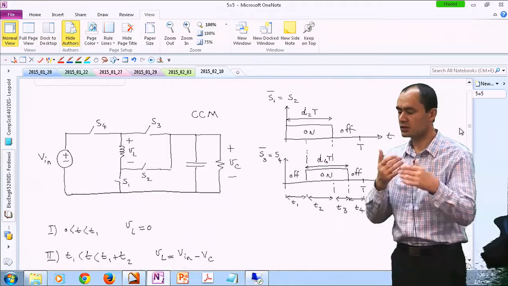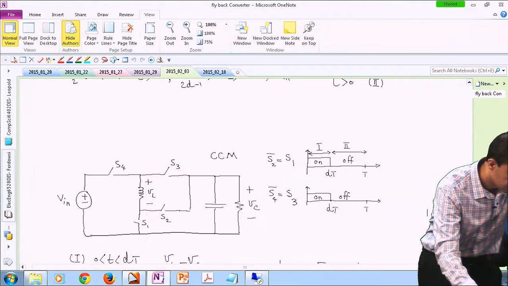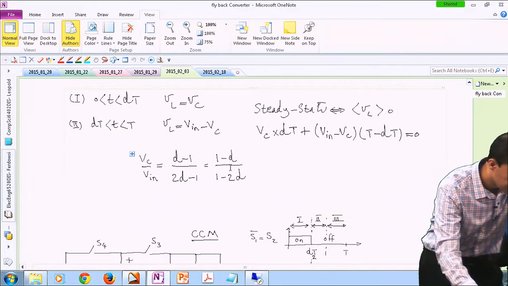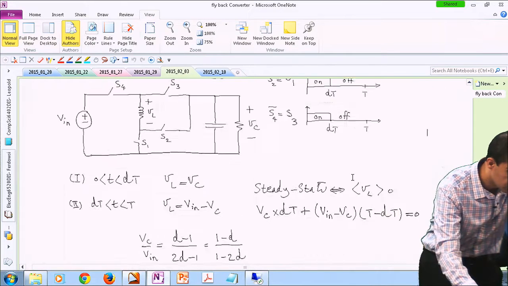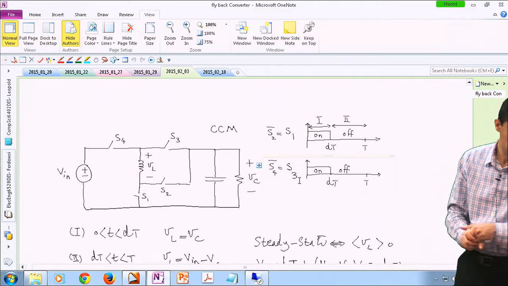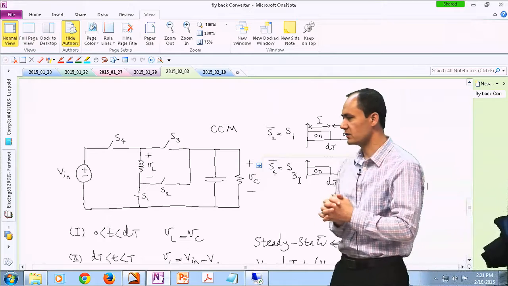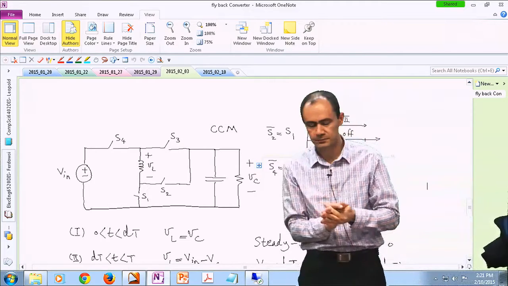If your objective is to create a voltage transfer ratio like this, which is 1 minus D over 1 minus 2D, then your commanding switches or active switches should be S1 and S3. So it's based on the objective that you are trying to satisfy.